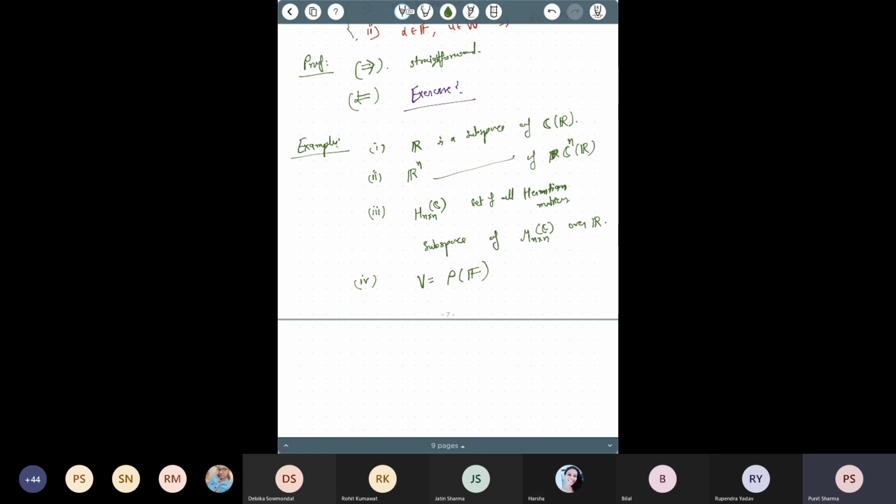Any other example? Degree not greater than n plus 1. Degree less than n. Less than or equal to n.